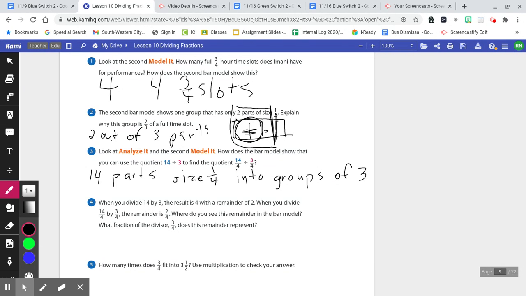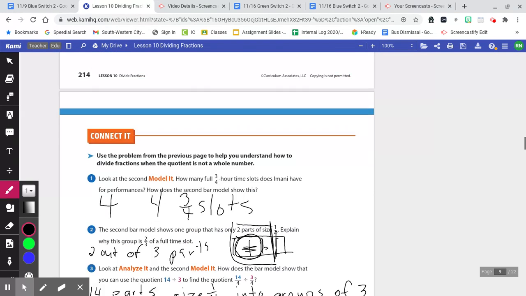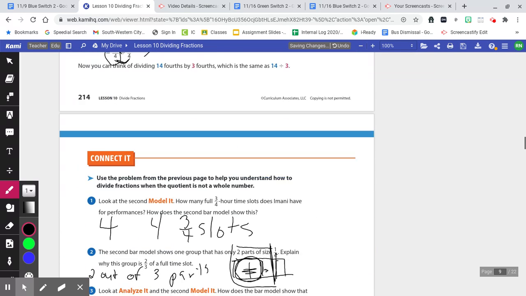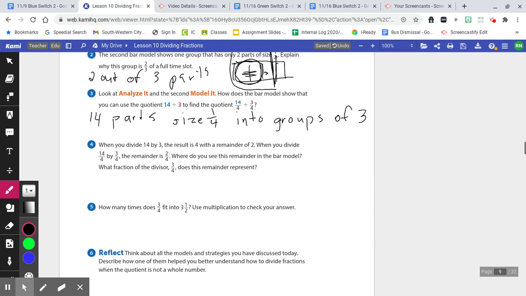So the remainder is the last group that shows only 2 parts of the 1/4 size. So the remainder right here, I have 2 out of the 3 that I would need for another whole group. That's why we get 2/3.